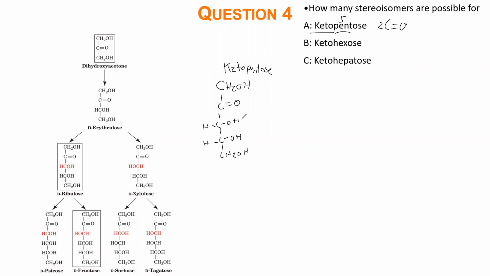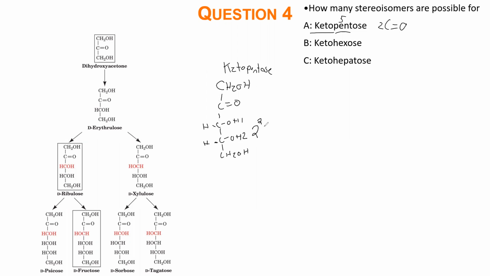And we have 1, 2, 3 chiral carbons. Positions 1, 2, and 5 are not chiral. So to find the number of stereoisomers, it's 2 raised to the power of the number of chiral carbons.